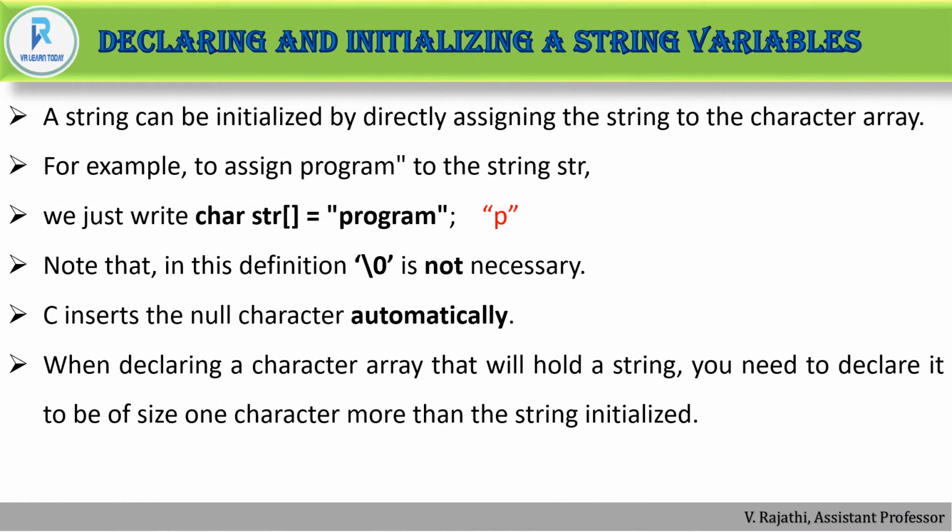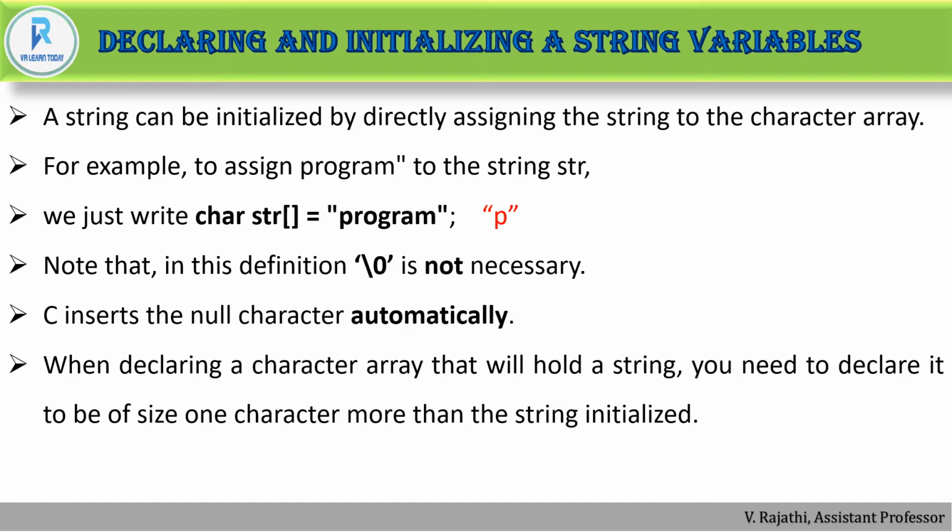A string can be initialized by directly assigning the string to the character array. For example, to assign a string to str, we just write char str, the one-dimensional array, is equal to "program". Here we should not write \0, the null character.